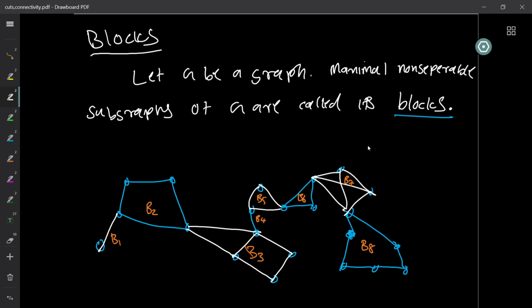So here is a graph, and I have marked the blocks. So this is a block by the edge by itself, because I cannot include anything more to this subgraph, because this vertex is a cut vertex in that graph. So this subgraph is fine.